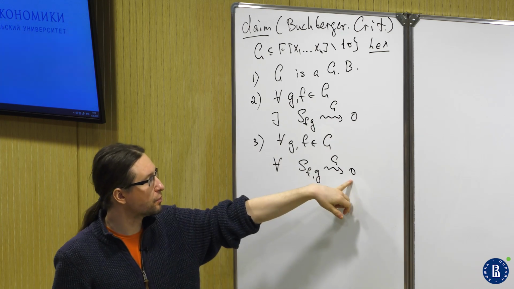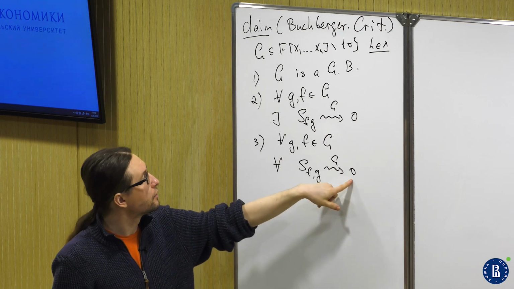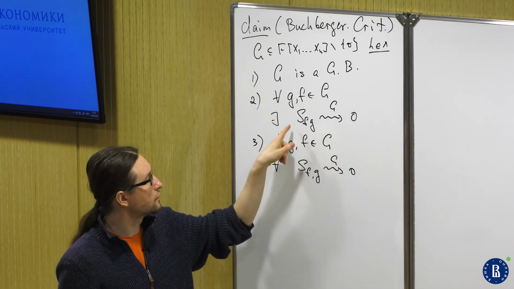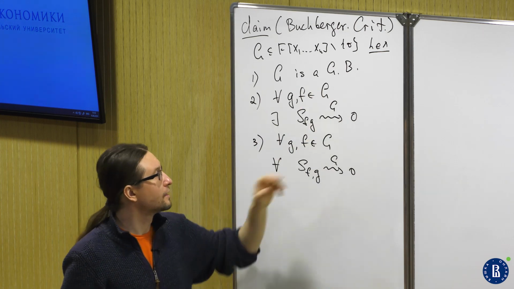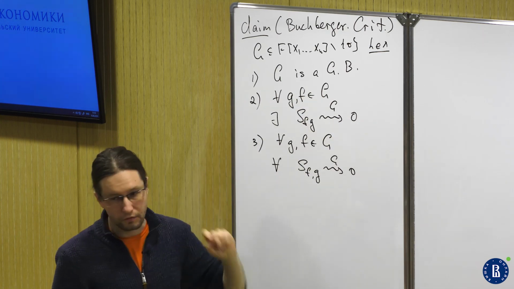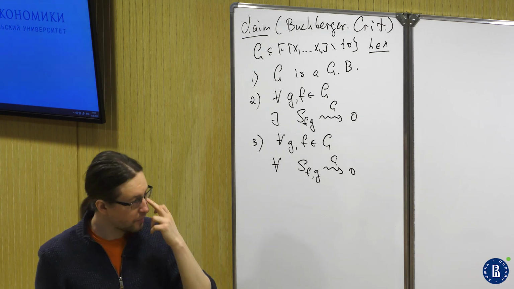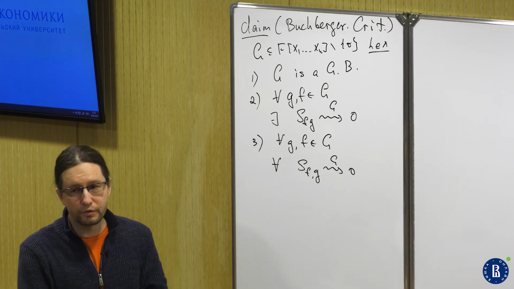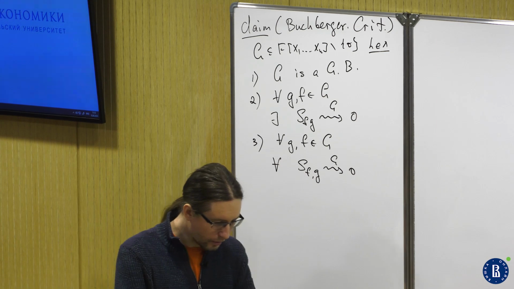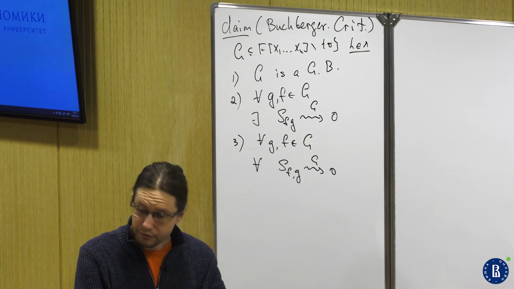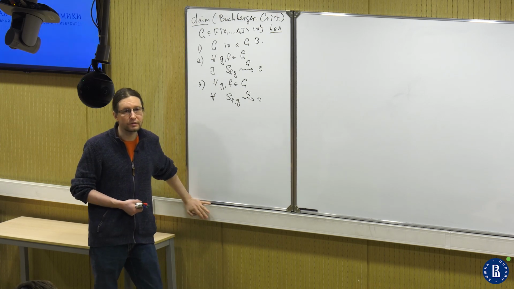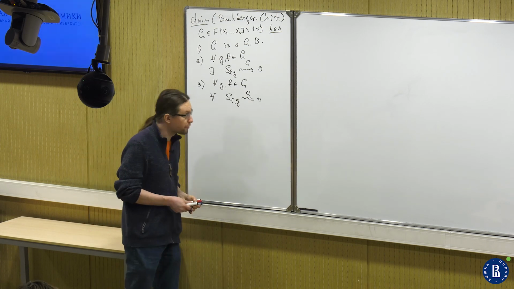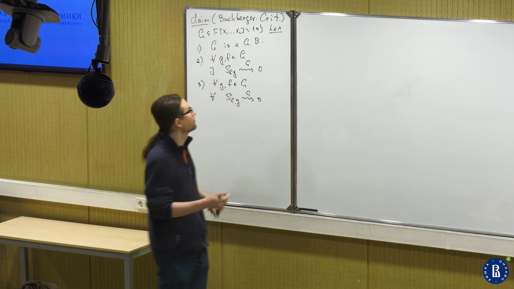If you can find at least one non-zero reduction, then this is not a Gröbner basis, and if you can reduce all S polynomials to 0 at least once, then this is a Gröbner basis. So this is a criterion. Now, how to prove this statement? The proof will consist of two steps, and the main ingredient of the proof is what's called the diamond lemma. So let me formulate the diamond lemma.